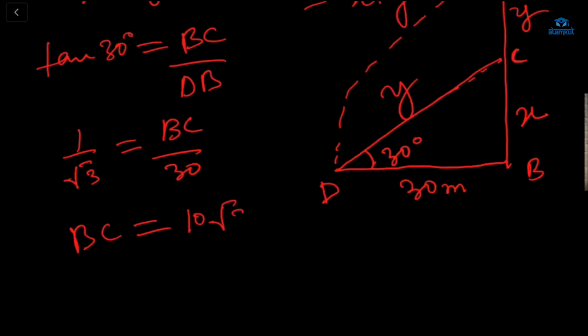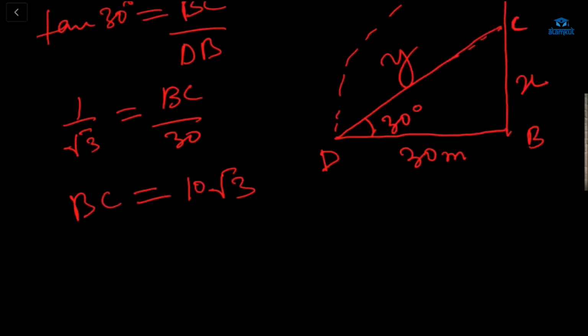I have cancelled the denominator root 3 for easy calculation. You can say X value is 10 root 3. That means the tree got bent at the point of 10 root 3 meter from the ground. Now if you want to calculate Y, you can calculate directly from here also, using the angles only.